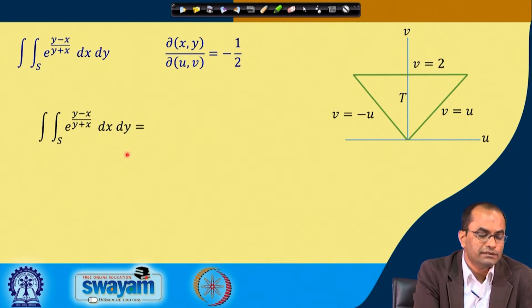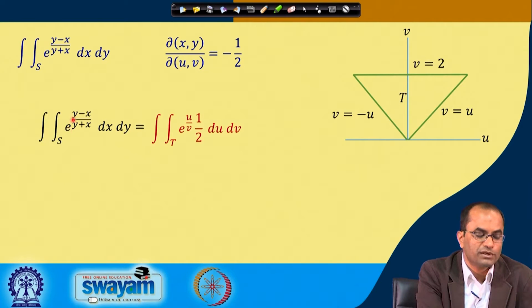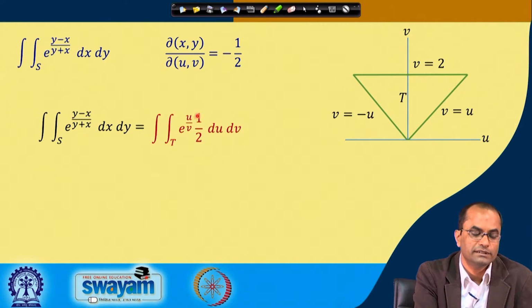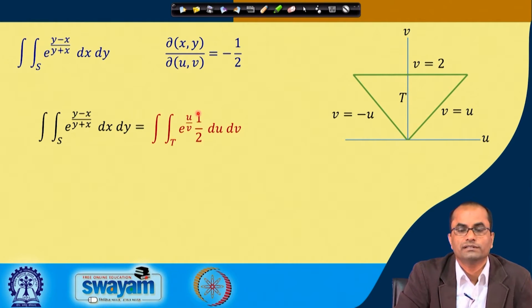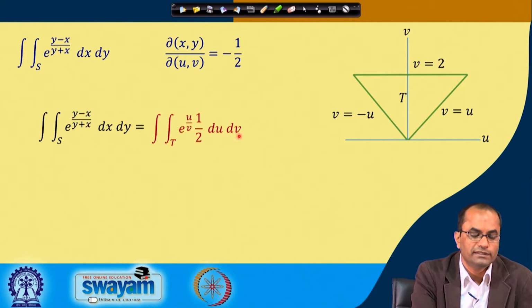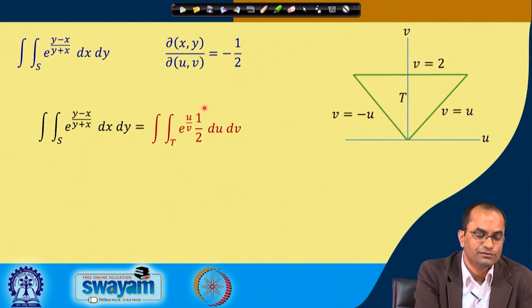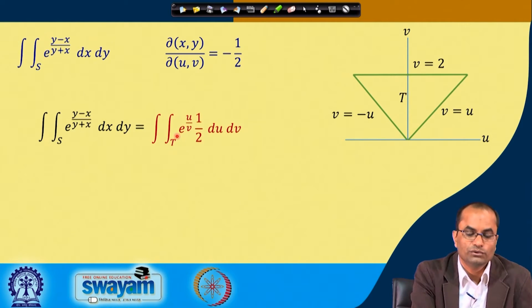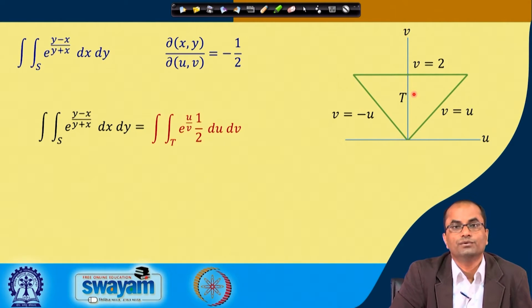So, we can now substitute: e power u over v, and this half because of the Jacobian. Note that this was minus half, but in the integral we always take the absolute value. So, this is half here, and then du dv, which we want to integrate over this new domain T in terms of u and v.